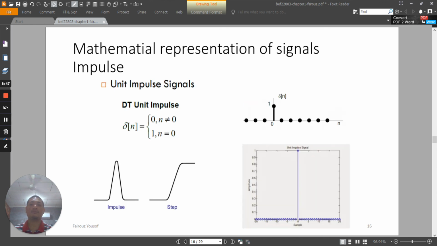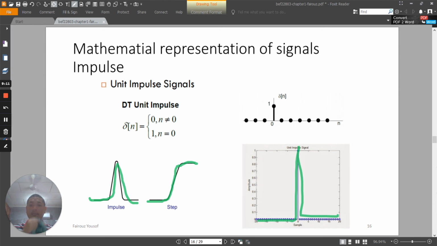Okay, next is the unit impulse signal. So an impulse is just a single value at a single time. See here, we had the step before, so this is the impulse. A single value at a single time, like this.